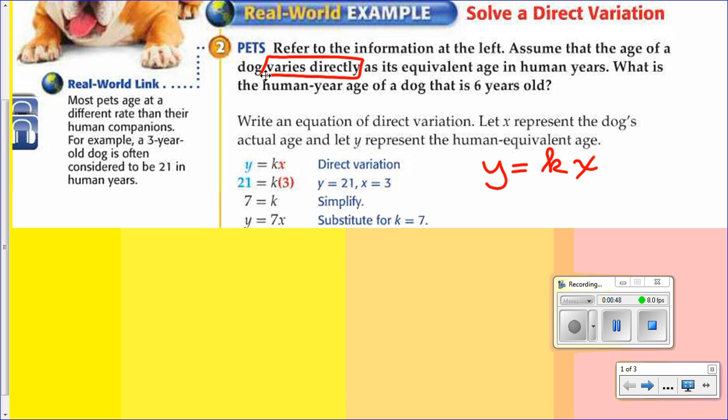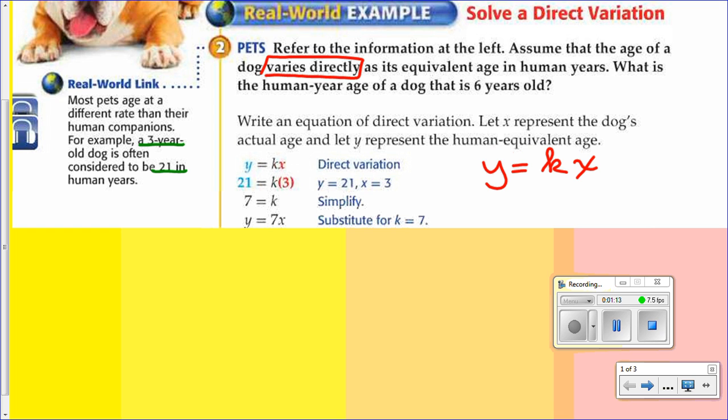Okay, so most pets age at a different rate than their human companions. For example, a 3-year-old dog is often considered to be 21 years in human. So it doesn't tell me necessarily the rate at which it changes, but it does give me these two little pieces of information here. It says that if a human is 3 years old, a dog is 21.